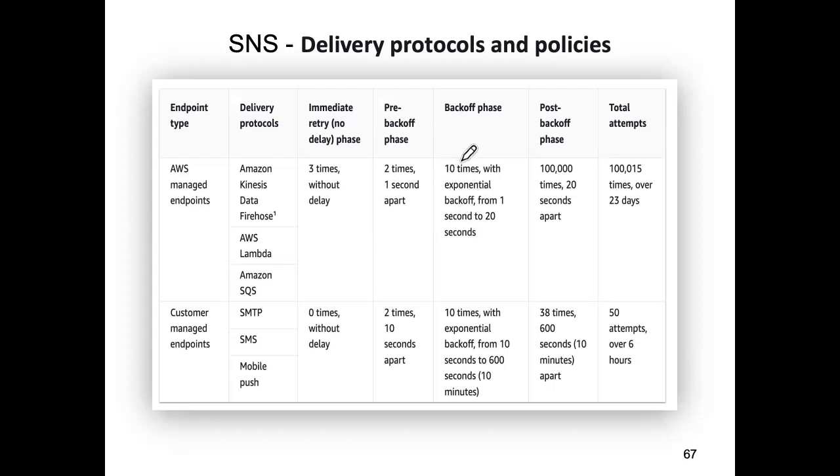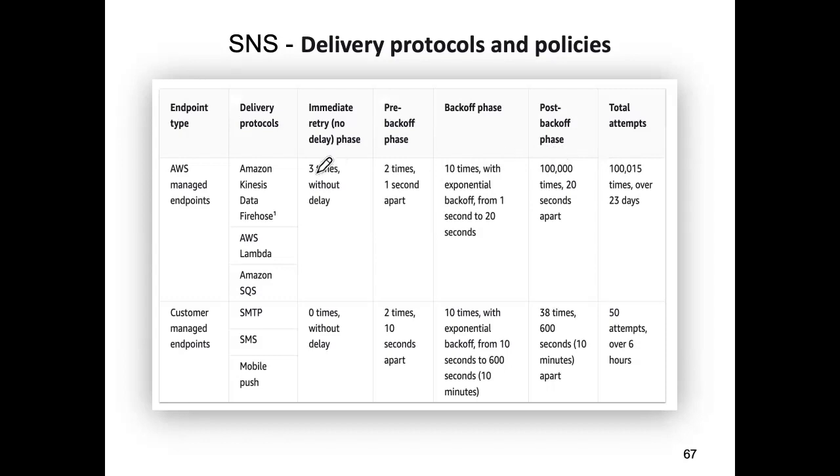It tries 10 more times, but it increases the gap between each retry using this exponential back-off algorithm, which I won't go into. And it keeps going further. If after those 10 attempts it's still failing, it just keeps on going for quite a period, actually. So it doesn't give up easily.